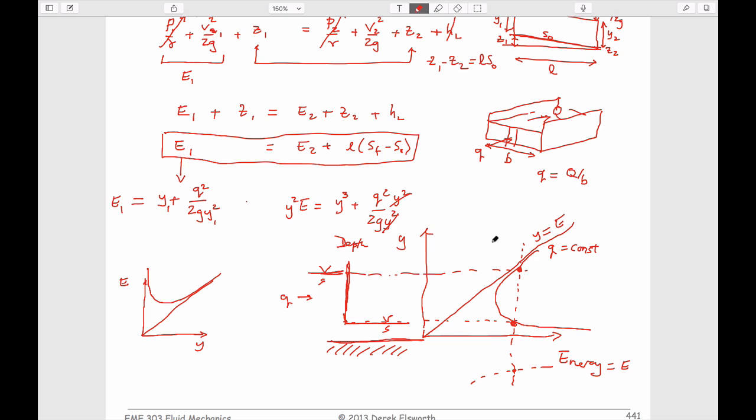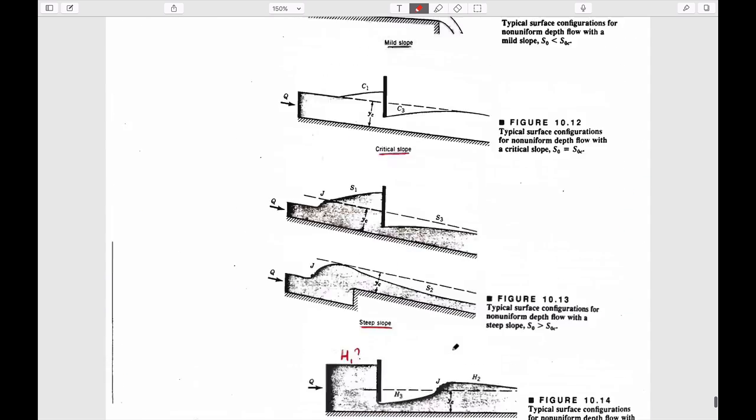This is just this same curve drawn differently. So if we minimize the amount of energy, which would be this point here, this is the nose of this particular curve here. And so we could derive these things, but I'm not sure that I want to do that. I'll take the standard results.